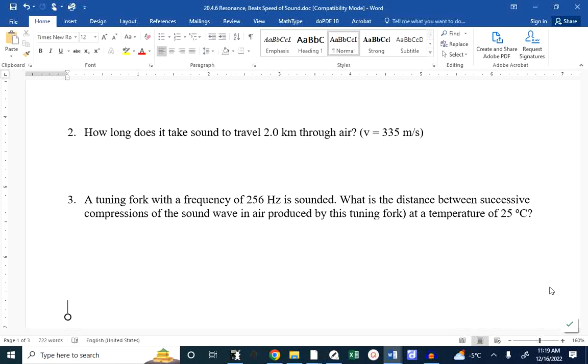Well, I don't know the speed. But I can find the speed because I know the temperature of the air that the sound is traveling through. So my first step is to find the speed by taking 331 plus 0.6 multiplied by 25. Didn't we already calculate this number? Wasn't that the answer to question 1?